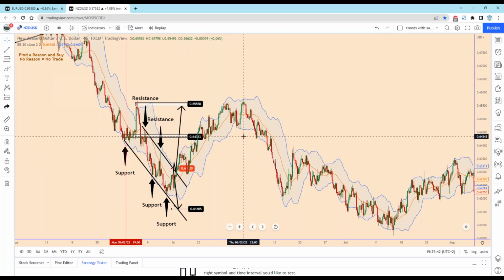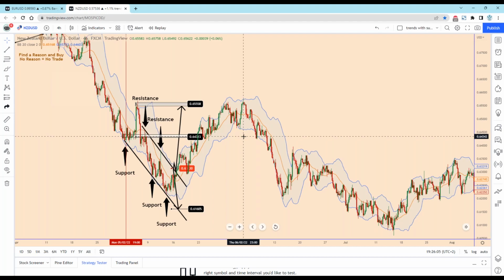Now, keep in mind, Bollinger Bands does not give you price. Bollinger Bands doesn't tell you when price broke the moving average and that trend is over, or that we're moving in the downtrend, how long that downtrend or uptrend might last. It doesn't tell you how far it might go.